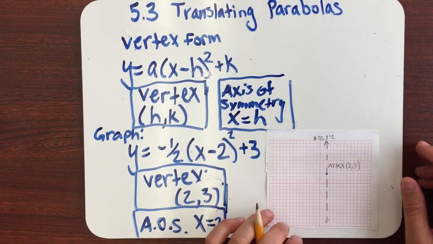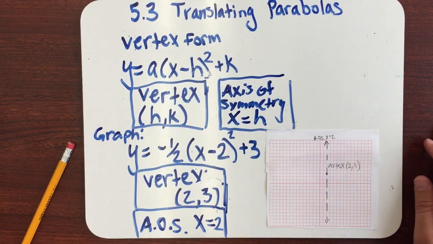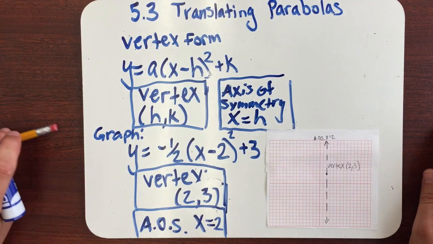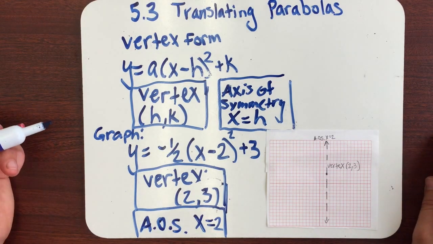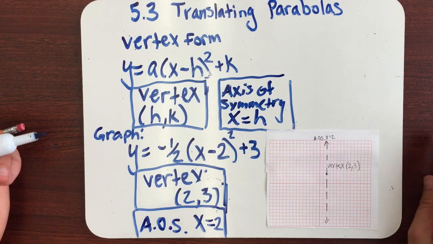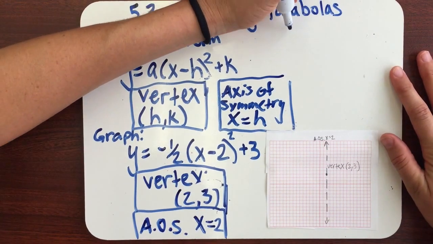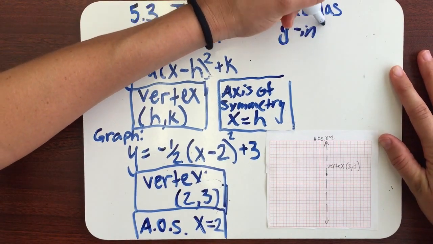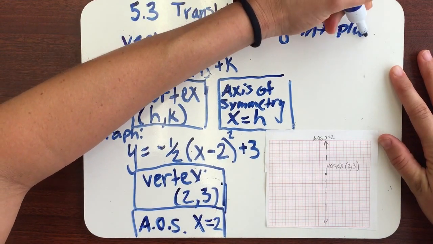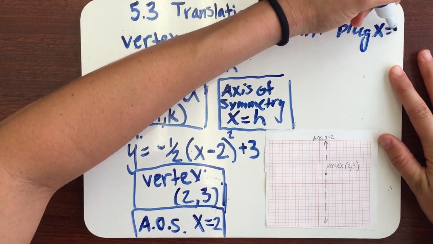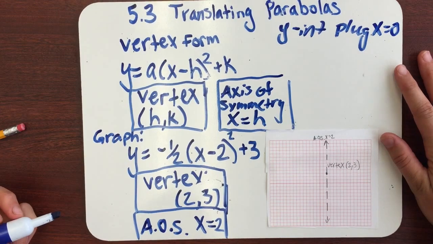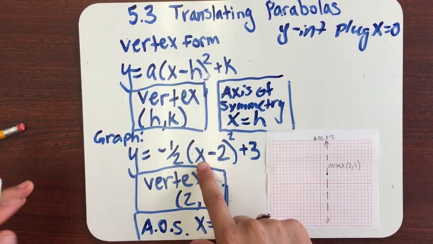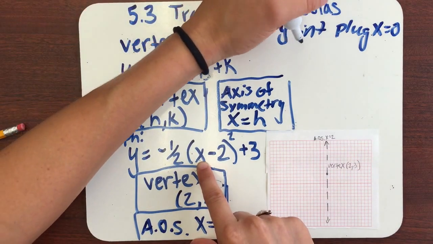Another point that we can find is the x-intercept or the y-intercept. To find the y-intercept, we're going to plug x equals 0 in here, and we'll find y.